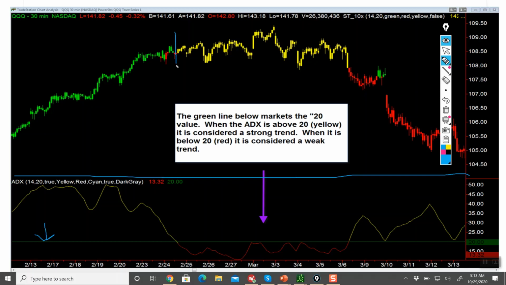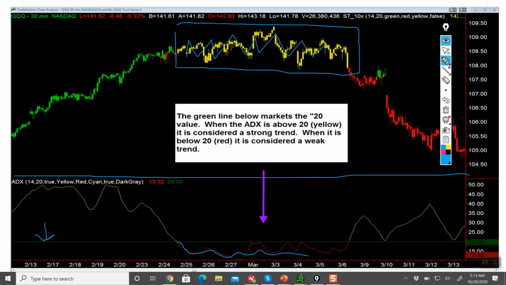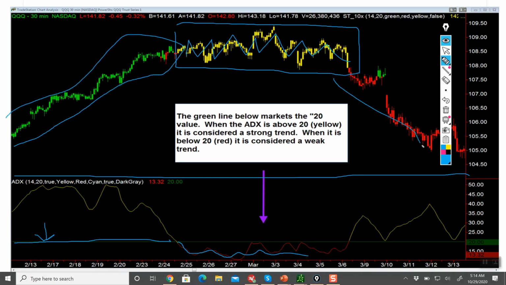Hence why right here is yellow, because it dropped below, showing that the trend is weak, so it just chopped around sideways. And anytime it's above this 20 level mark, it is showing a trend. Now, on the next slide, I'll show you how it dictates if it's going to be bullish or bearish.